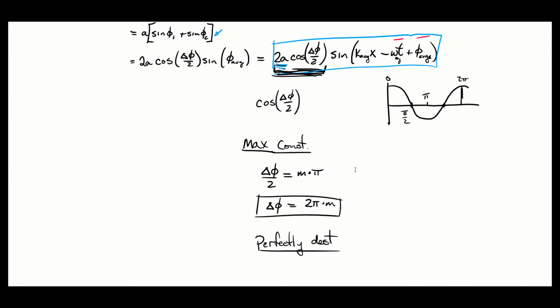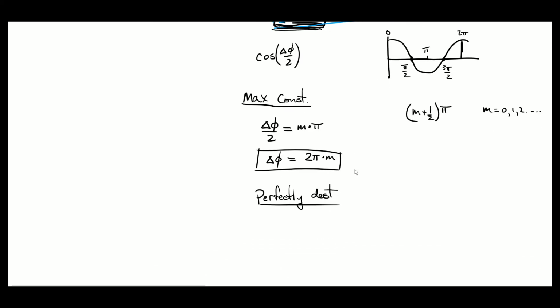Where we're at pi over 2, 3 pi over 2. This is essentially, when do we have those nodes? Well, we have them at m plus 1/2 times pi with m equal to 0, 1, 2, ... right? If m is 0, we're at pi over 2. If m is 1, we're at 3 pi over 2, and so forth.